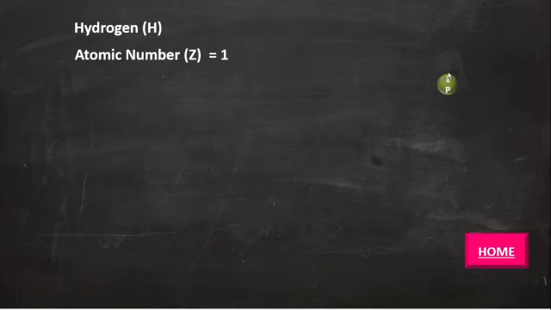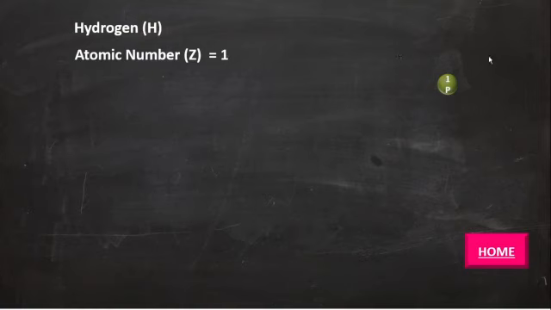It has one proton in its nucleus, that's why its atomic number is 1. And in case of neutral atoms, the number of electrons revolving around the nucleus is equal to the number of protons present in the nucleus. So in case of neutral hydrogen atom, there is one electron and that revolves around the nucleus in the first orbit.